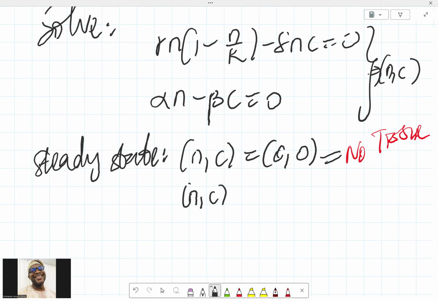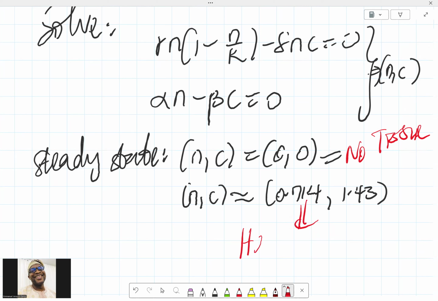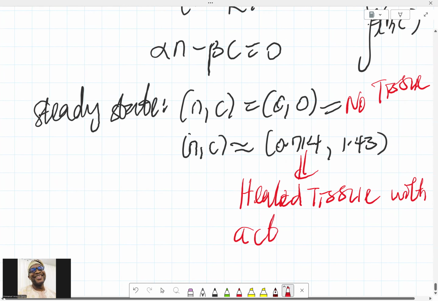Then n, c, which is approximately 0.714 and 1.434. So 0.714 for n and 1.43 for c. So this actually tells us that some healing is taking place. So this talks about healed tissue with active signaling.